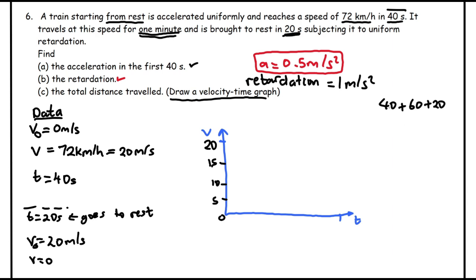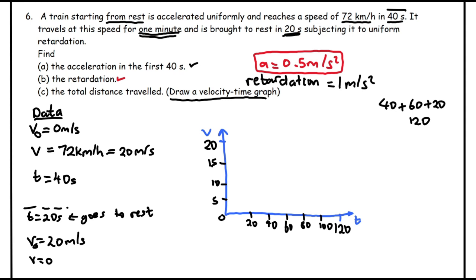This gives us a total of 40 plus 60 plus 20, 120. So the highest amount of time is 120. We can put that at the end. Then for the spacing of the time, we can use 20 seconds. So if this is 20, this will be 40, 60, 80, and 100.